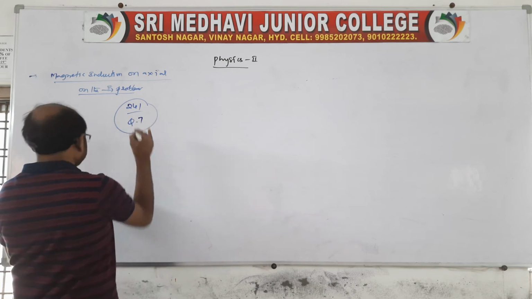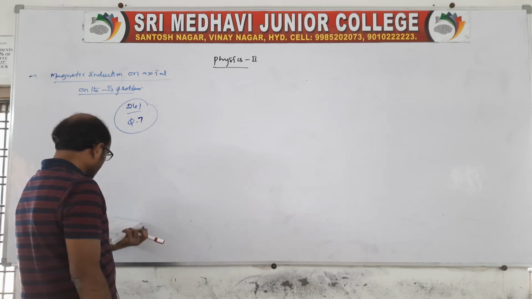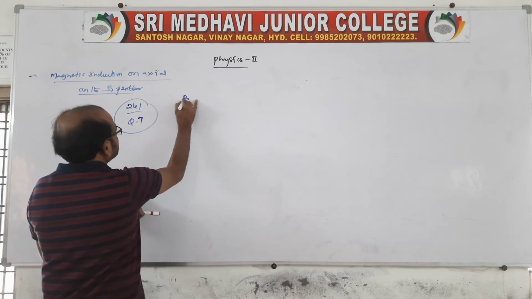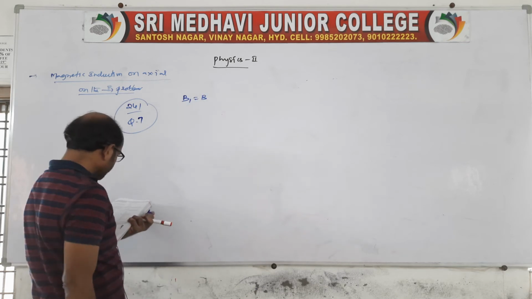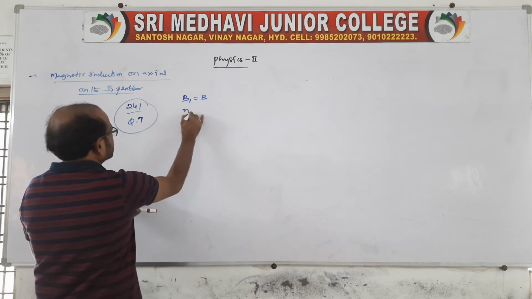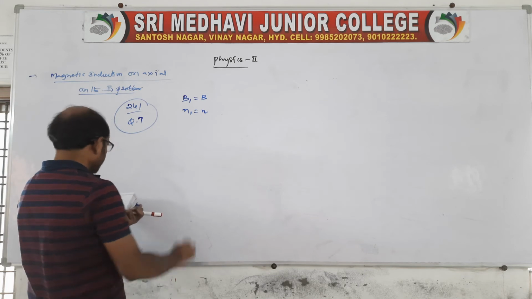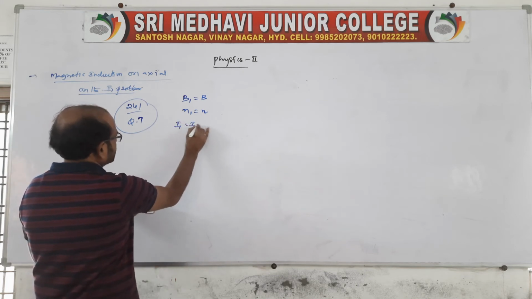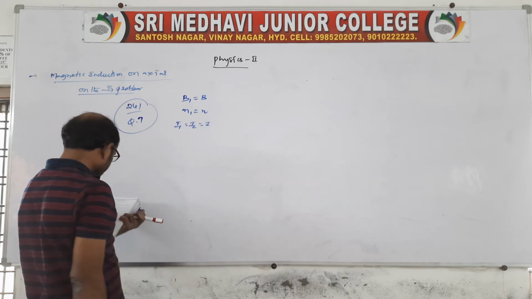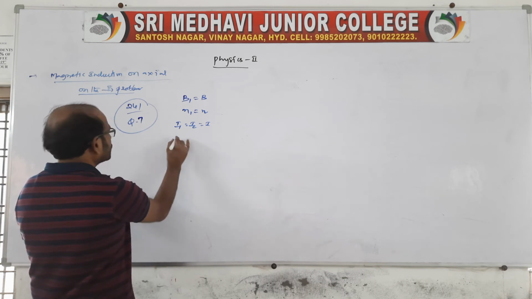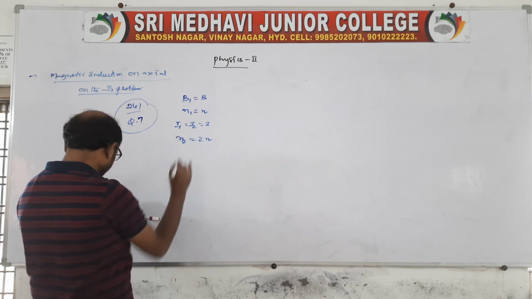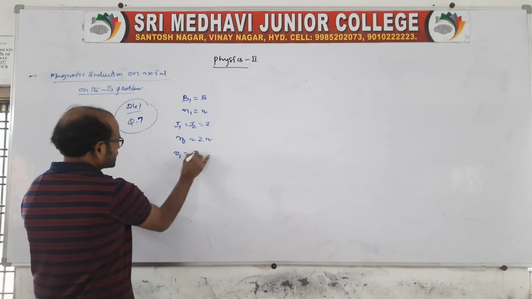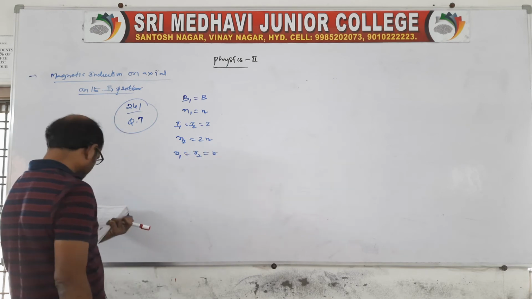Question number 7: the magnetic field B1 is equal to B, the number of turns is N1 equal to N, current I1 is equal to I2 is equal to I, and N2 is equal to 2N as given in the question. Radii R1 is equal to R2 is equal to R.